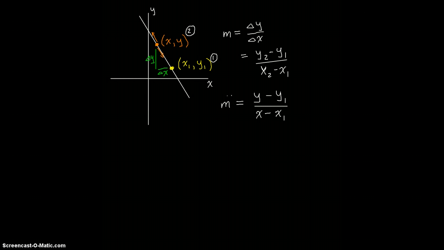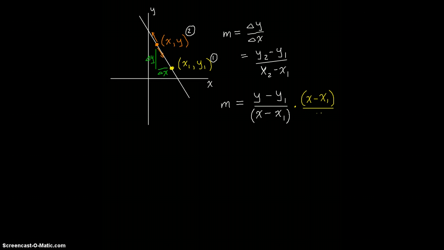I can use everything we've learned in algebra so far, right? So I'm going to put this in parentheses because that division bar means a grouping, and I'm going to multiply both sides by x minus x1. And it's x minus x1 over 1, right?